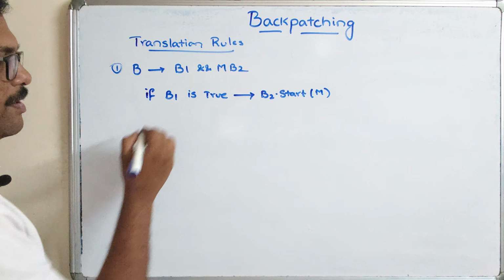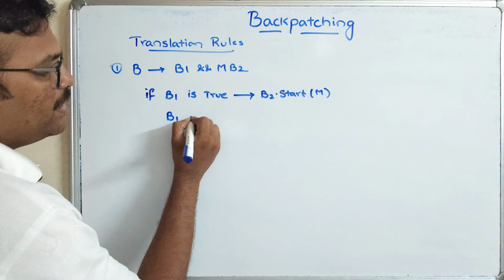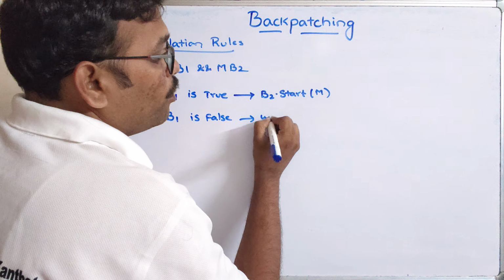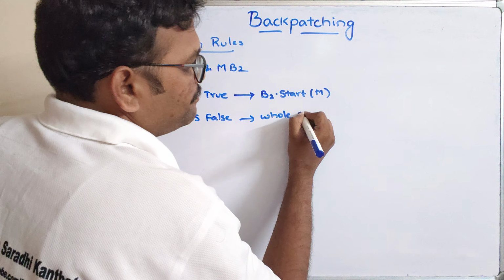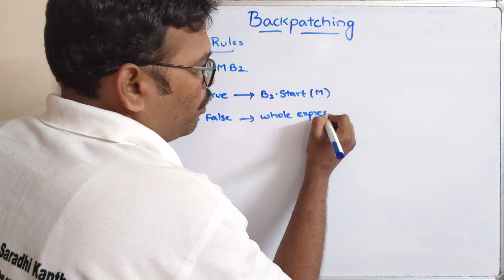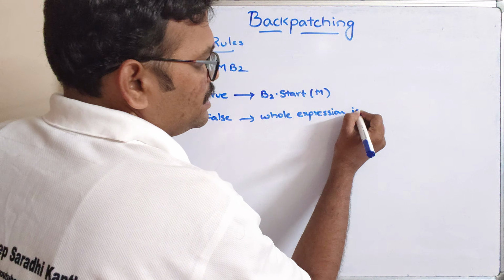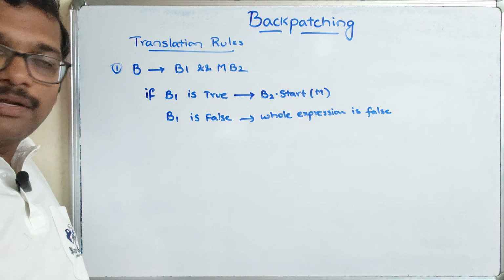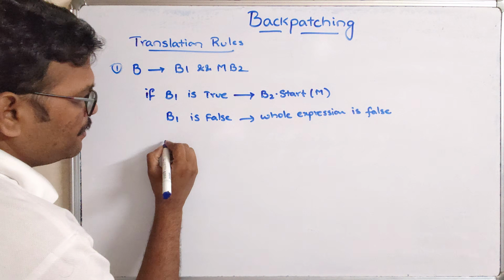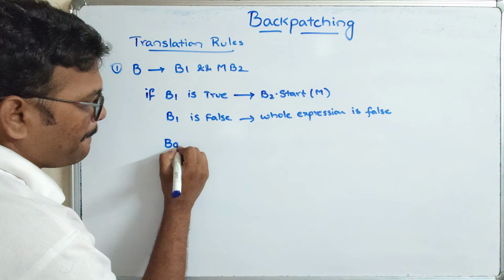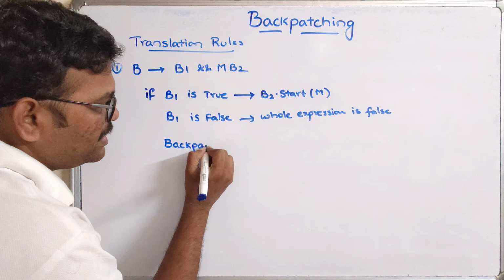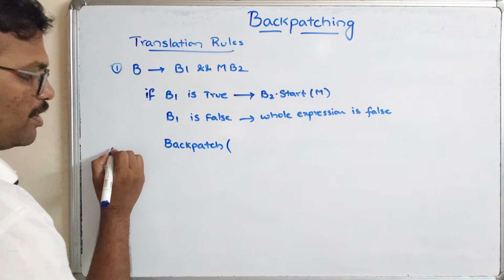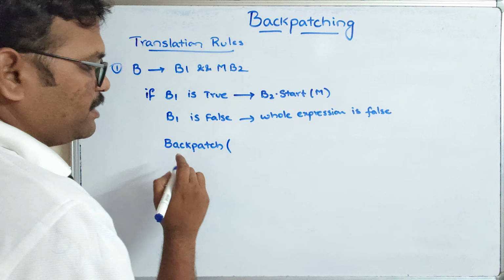And if B1 is false, what happens? The whole expression will be false. So here you can see the backpatch function for this particular thing.